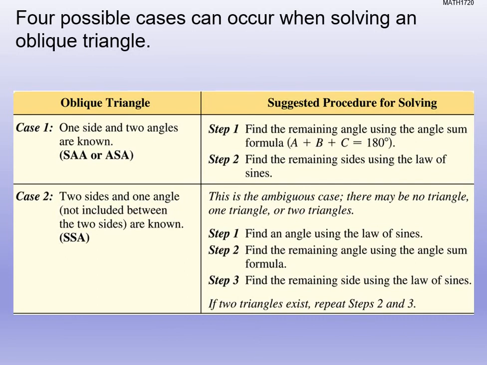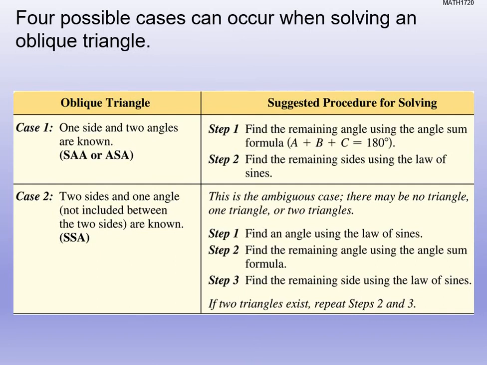If you're given a triangle and you're given the knowns on the left, here are the steps that you would take to solve the problem, assuming we want to use law of sines, law of cosines, that sort of thing.